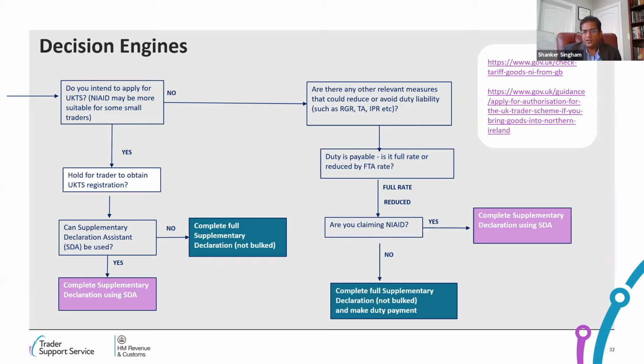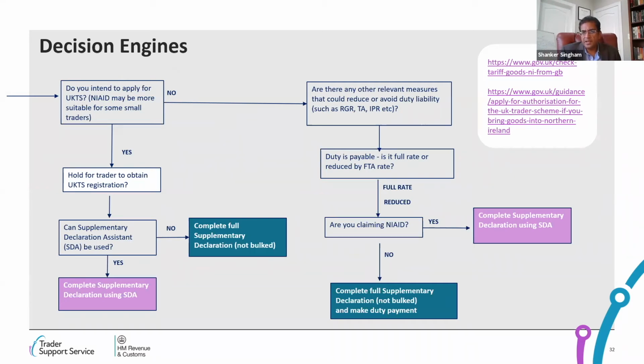And then a duty may be payable if you're using those special procedures at a reduced rate. You can claim NI aid if you've got a waiver that you can use to lower that duty, and then you can use the Supplementary Declaration Assistant if you're using the waiver, because you're not going to end up paying the highest duty that applies to the particular commodity code that you're bulking to under the Supplementary Declaration Assistant.